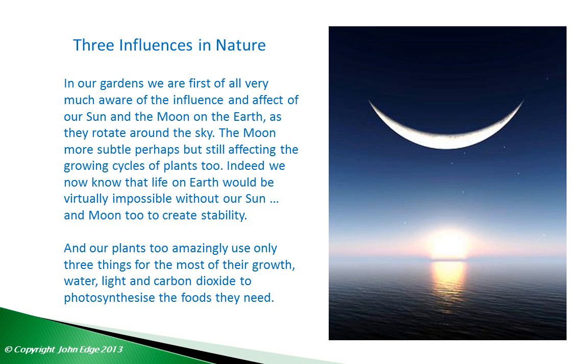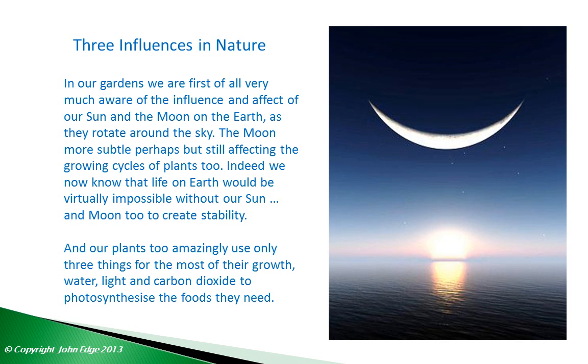Then there are three influences in nature that are to do with energies, you might say. Now there are many of these, but when we're considering our gardens, we're going to consider three great universal influences of the sun, the moon, and the earth as they rotate around the sky.